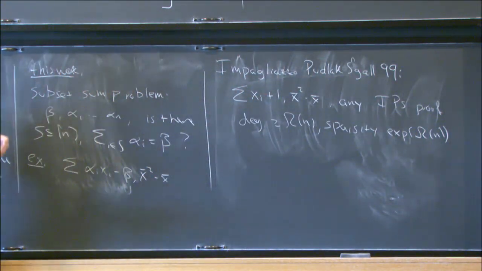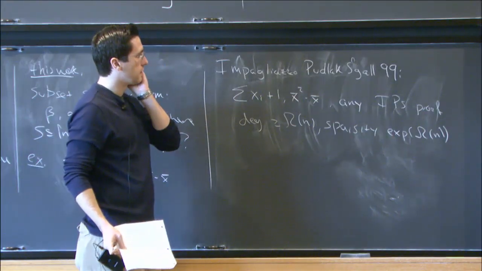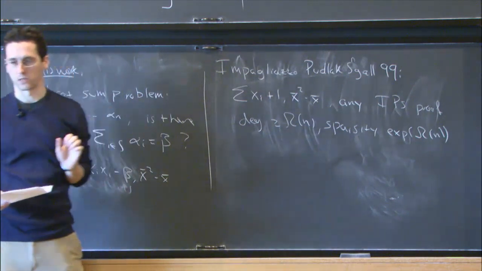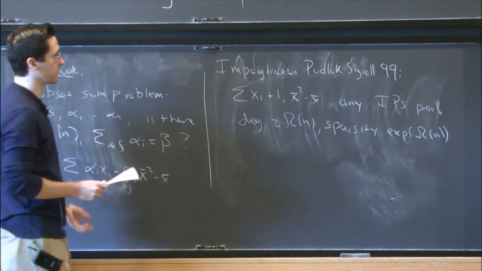So this is saying that if you just look at these coarse measures like degree and sparsity, then this Nullstellensatz system cannot refute this very, very simple statement efficiently in any way. It seems a bit embarrassing, but sadly true.